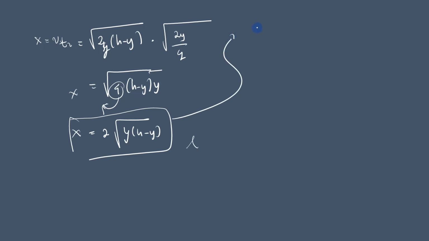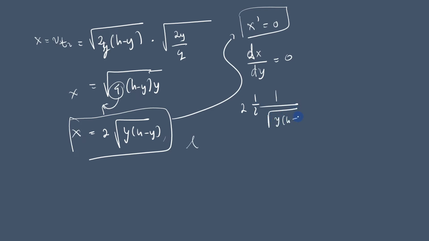Taking the derivative of x and setting it equal to 0, we get 1/2 times 1 divided by the square root of y(h minus y), times (h minus 2y), equals 0.